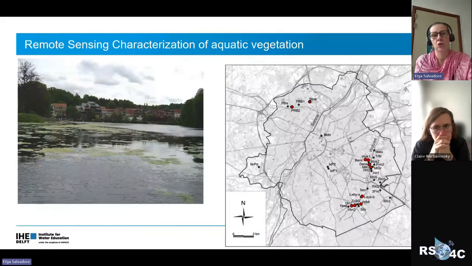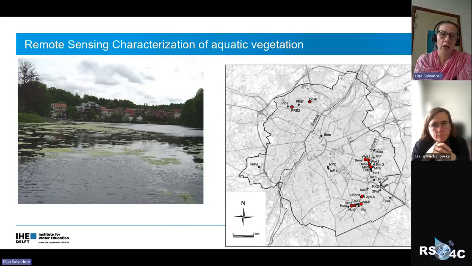And the idea is also that you want to find ways to, it's probably expensive to do field surveys.